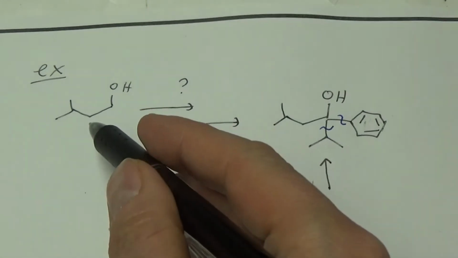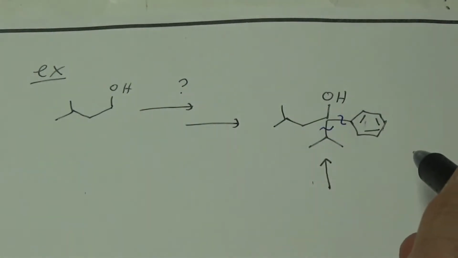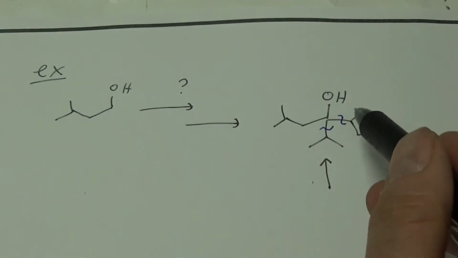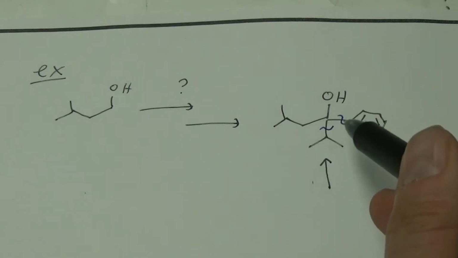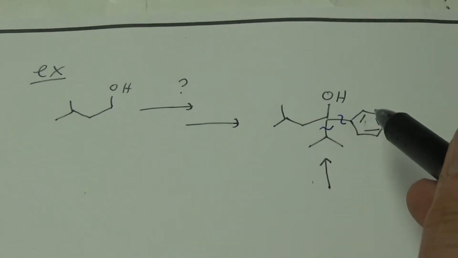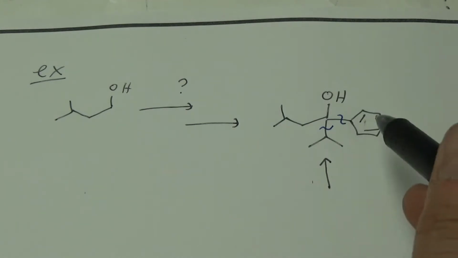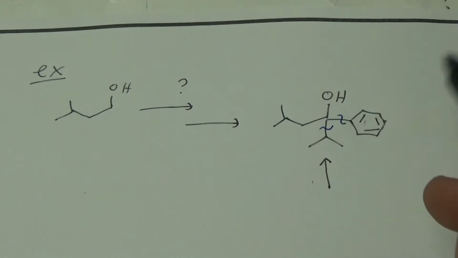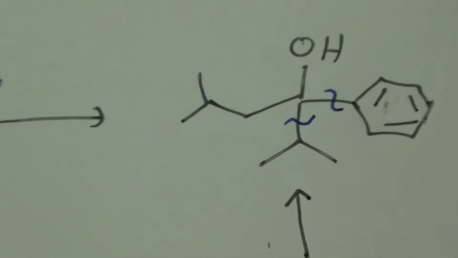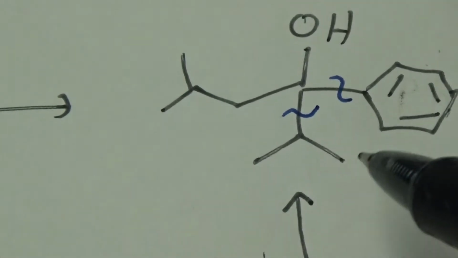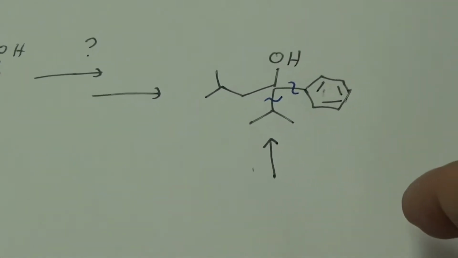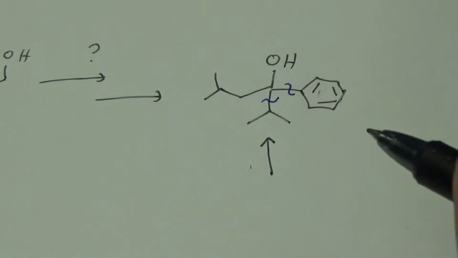I'm not going to go from the starting material, I'm going to work my way back from the product. Seeing the product has a tertiary alcohol, that suggests I should be able to make it directly from a Grignard reaction. So we'll do a Grignard reaction going backwards. Which one do we want to add, the isopropyl or the benzene last? Well, it's your choice. I'm going to do the benzene last.